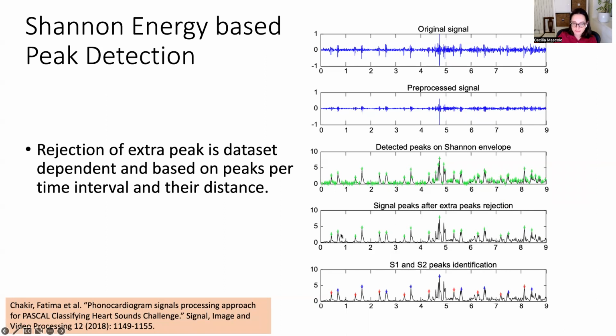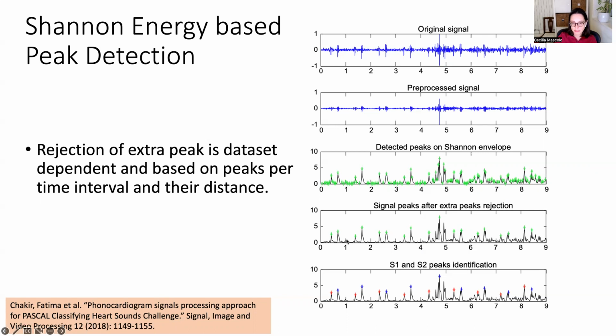And then, if you look into the paper, there's quite an ad hoc way to get rid of these lower level peaks, which are clearly not the lub-dub peaks of our signal. This is done mainly through a series of time-related features of the signal characteristics.